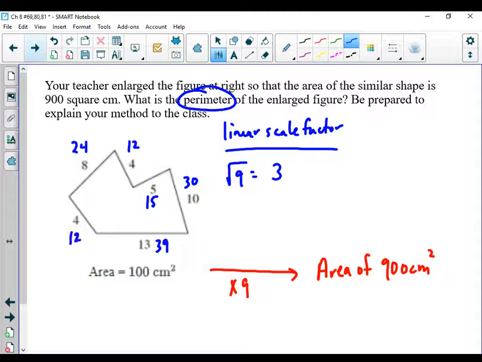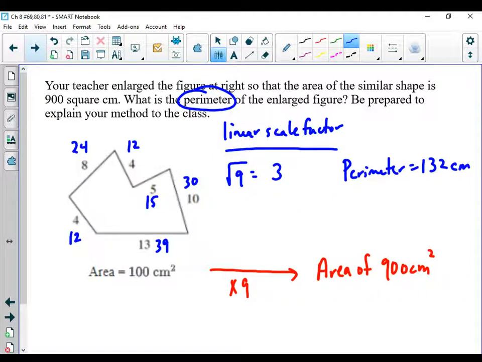So if I were to add all those up, I would see what my new perimeter is. So if I add all those up, I get 132. All right, so that would be one option there, and that was centimeters.